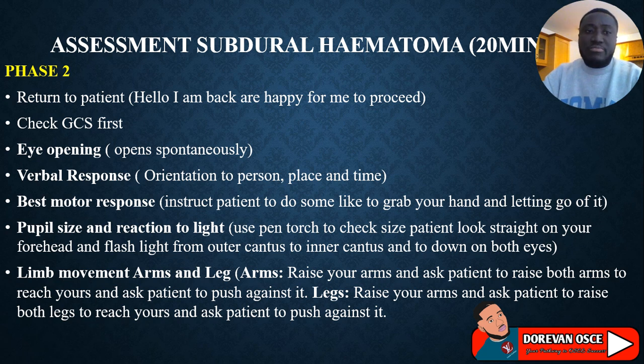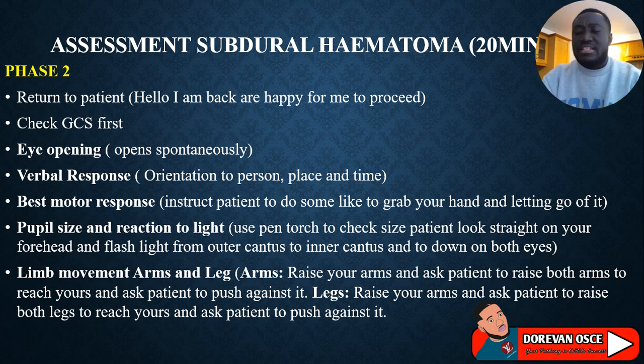Then you move to checking the pupil size and how the patient reacts to light. That's where you're going to use your pen torch. On the side of the pen torch, you see some circles that indicate the pupil sizes. You let the patient either close one eye while you check the other eye, or fix his or her eyes on your forehead, and then you check the size of the pupil for both eyes, the left and the right.